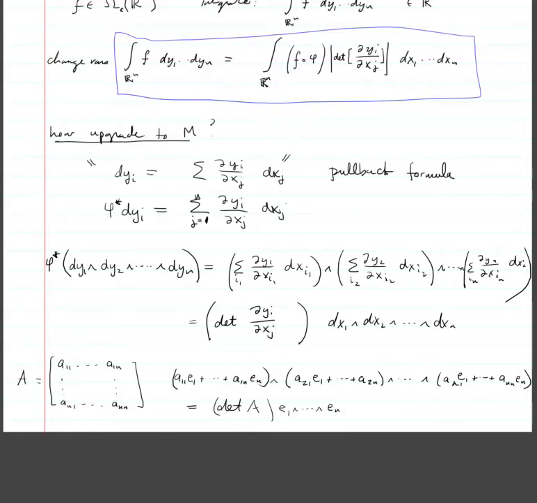And so what this is telling us is that almost everything about this formula is explained by the change of variables formula for the n forms, or in other words, the pullback formula for the n forms.